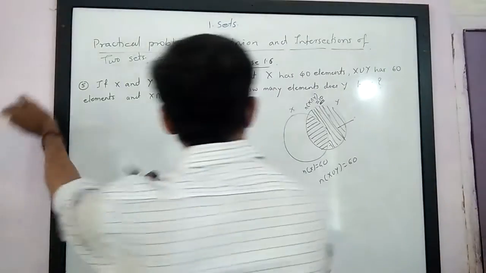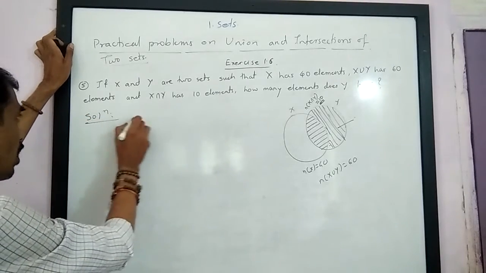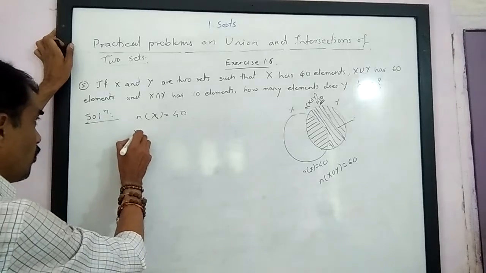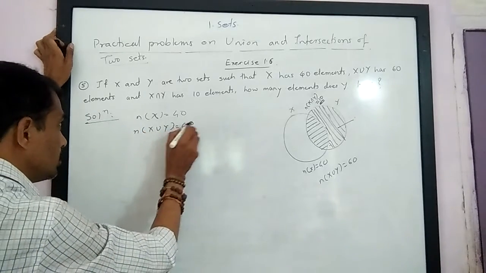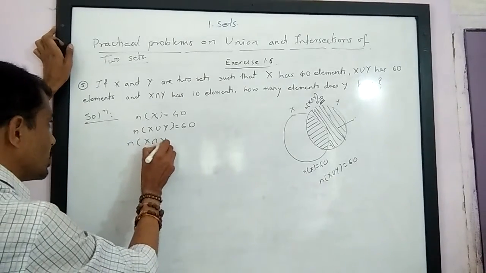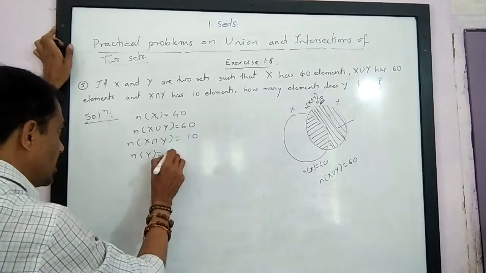Let us solve. We are given number of elements in X is equal to 40, number of elements in X union Y is equal to 60, number of elements in X intersection Y is equal to 10, and we are asked number of elements in Y is equal to how much.